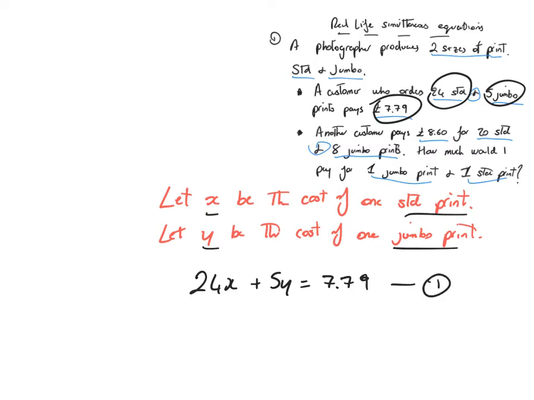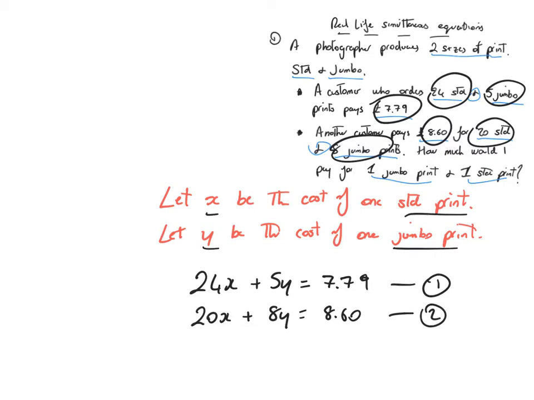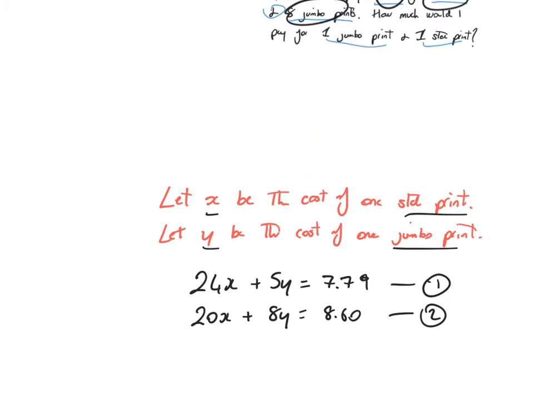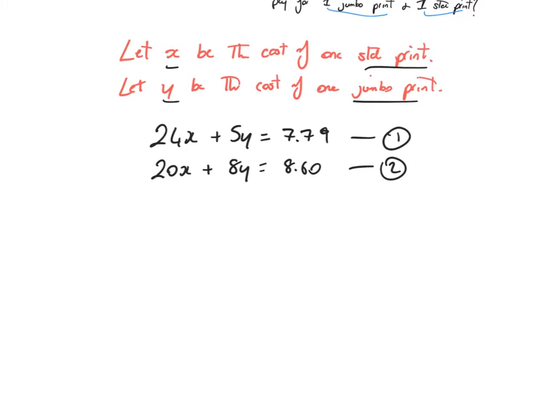Then 20 standards, so it's 20x plus 8 jumbos, 8y equals £8.60, equation 2. Okay, now we're going to look to eliminate either x's or y's here.